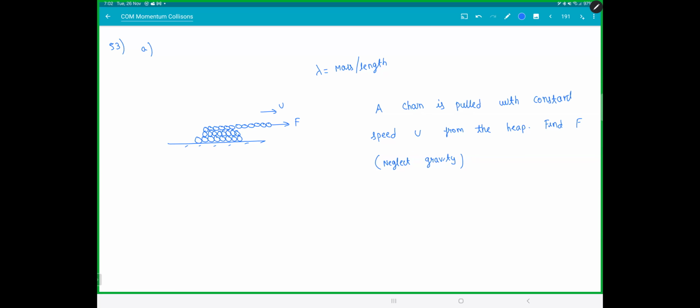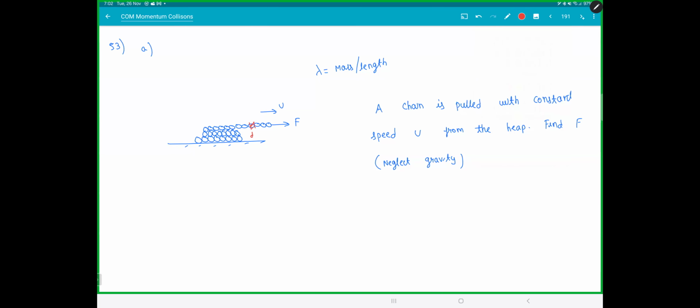Similar to the water jet problem. Same thing.